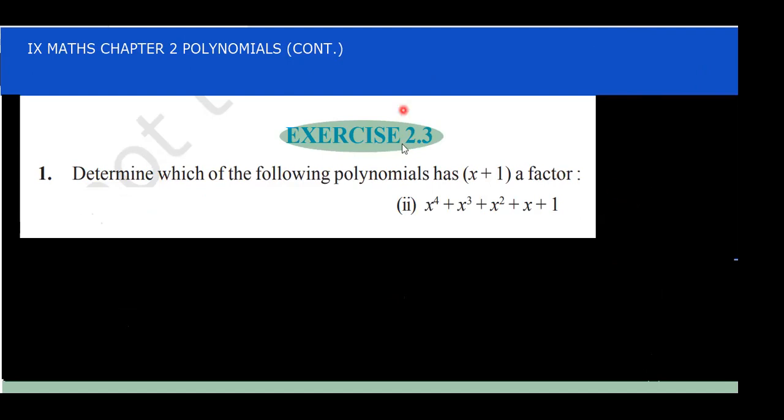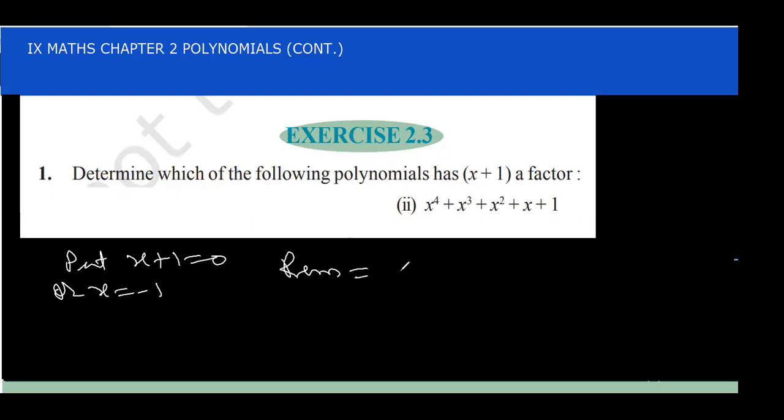So same thing है यहाँ पे भी। You find out the remainder, for remainder के लिए आपको put करना पड़ेगा, put x plus 1 is equal to 0 और x is equal to -1.